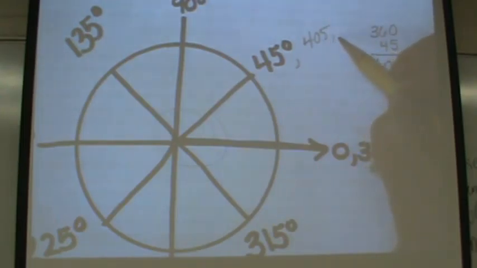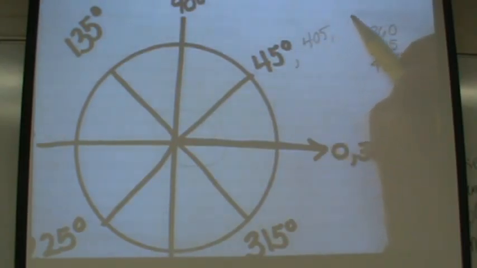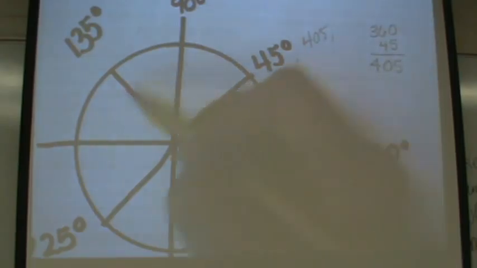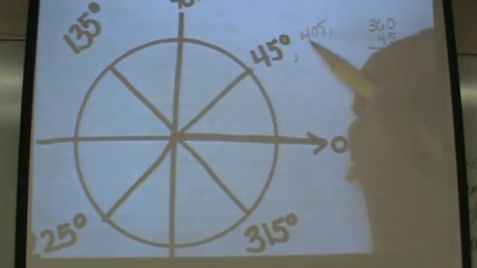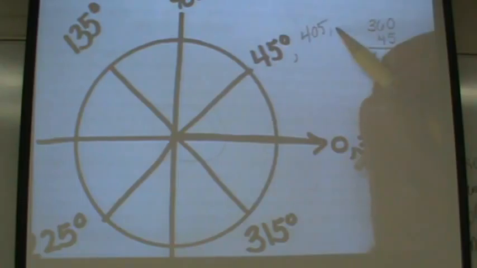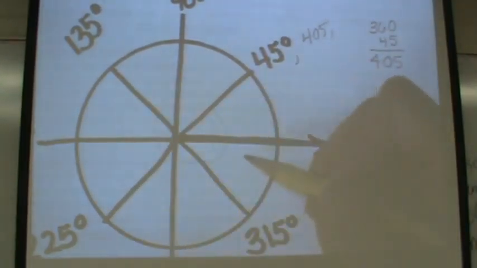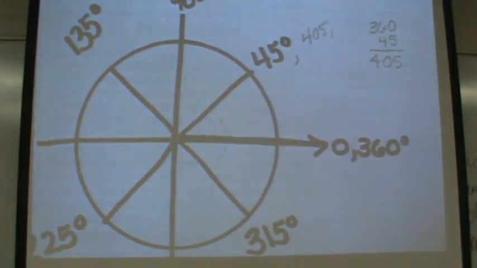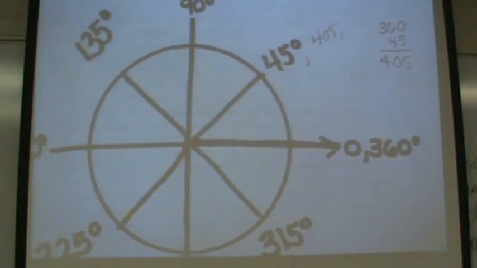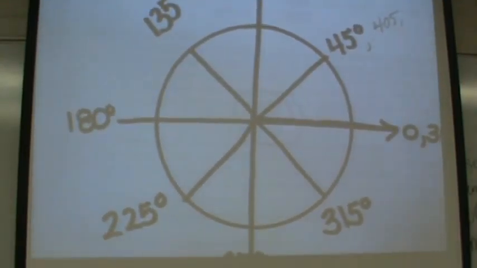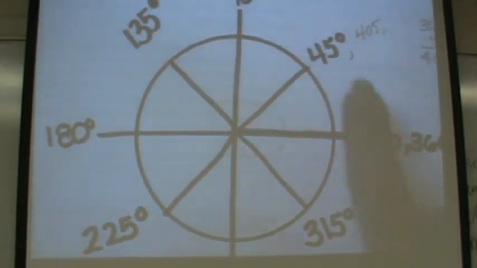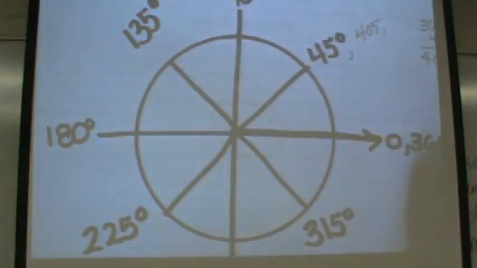If I keep adding 360 degrees to these angles, I can get an infinite number of angles. I could also go backwards and subtract 360 to get coterminal angles.